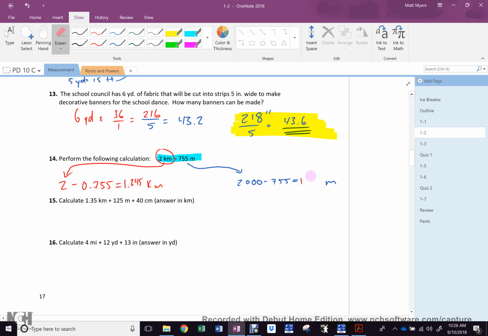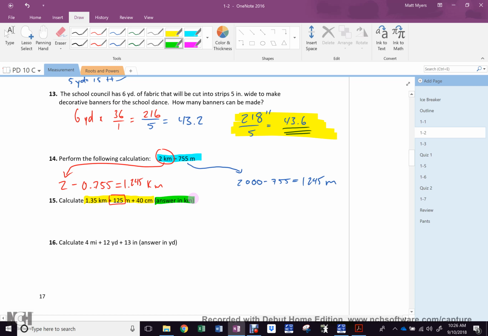Should have been blue. What's going to happen with 15? I've got 3 things to add up. Which one of those should I not touch? I should not touch the kilometers, should I? So what do I got to do with 125? But I want my answer in kilometers. So what do I got to do with the meters?